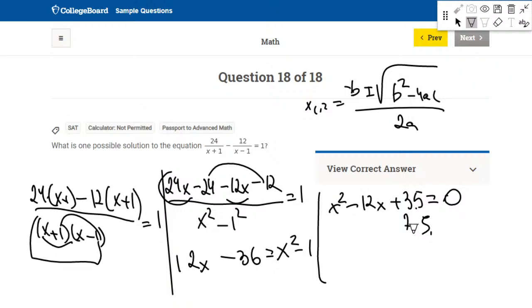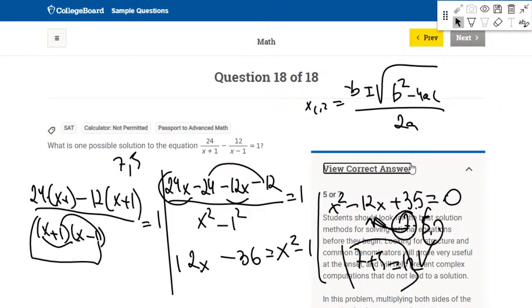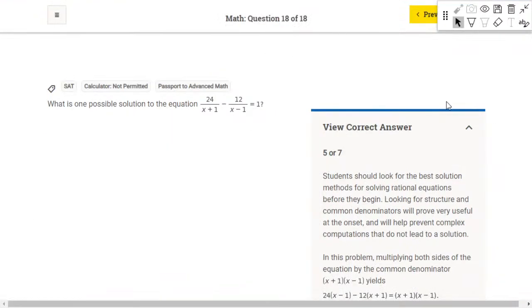And what do I get when I sum them? Do I get it here? Yes, 7 plus 5 equals 12. That's right, this is the answer. So the roots are 7 and 5. The solution is 7 or 5, any of the numbers. Yes, it's 5 or 7.